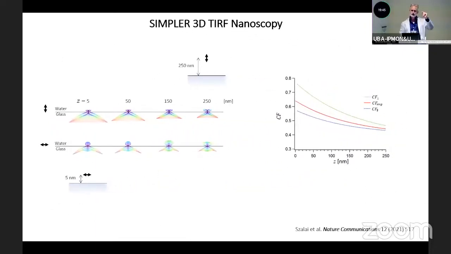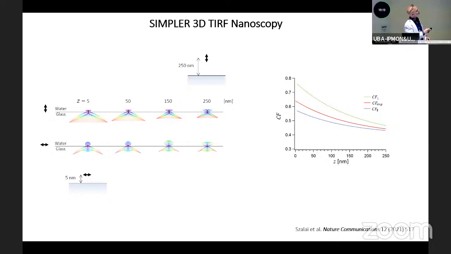Fluorescent molecules, when they are close to an interface, also change their emission pattern. So here you see calculations for a molecule that is perpendicular to a water glass interface, and here parallel to a water glass interface, as a function of the distance to the interface. You see, for example, that a molecule that is 250 nanometers away has this emission pattern.